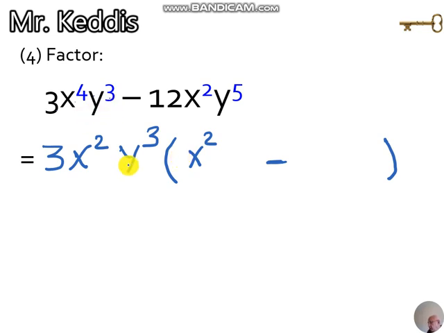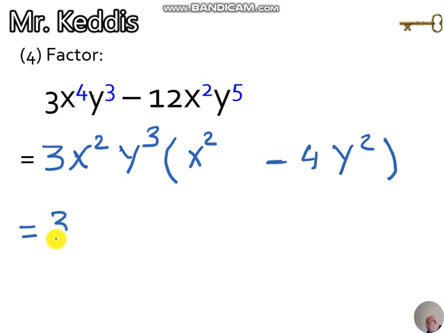And y to the third power and y to the third power cancel each other. Minus. If I divide this by this, 12 divided by 3, I get 4. x squared and x squared is gone. y to the power of 5 over y cubed, I subtract the exponent, 5 minus 3 is 2. I get y squared.